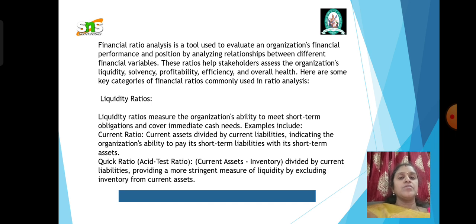These two ratios are the best examples of the liquidity ratio measuring the short term obligations of an organization. We analyze this to enhance the day-to-day working requirement, so that expenditures are met and revenues can be managed accordingly.